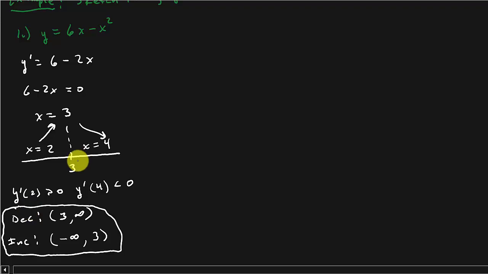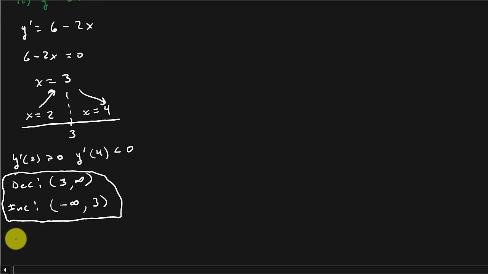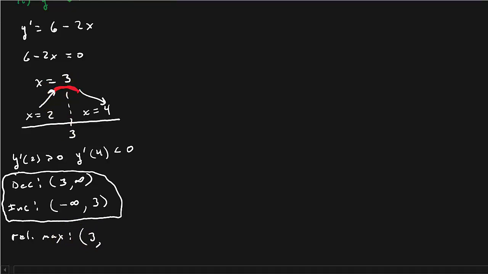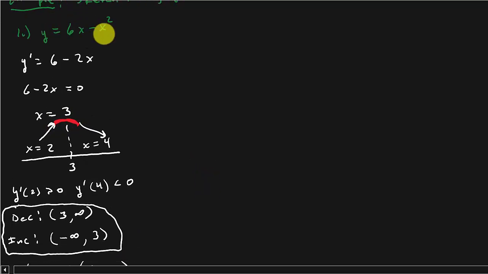So now we can see we have a relative max at 3. See? Look at this. There's your relative max at 3. And then I plug it in here, right?